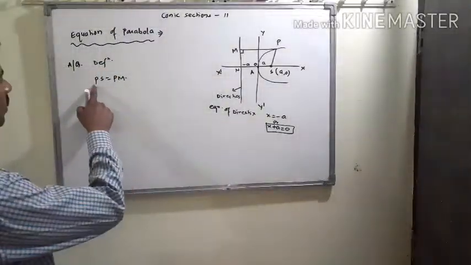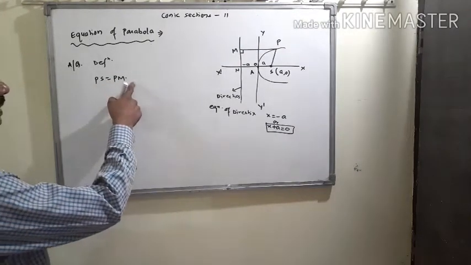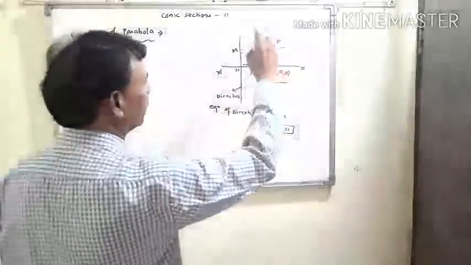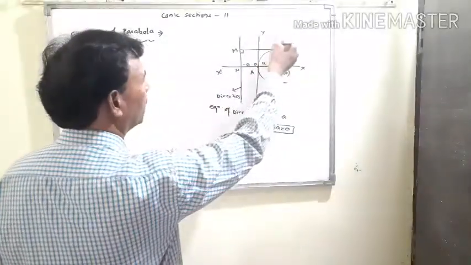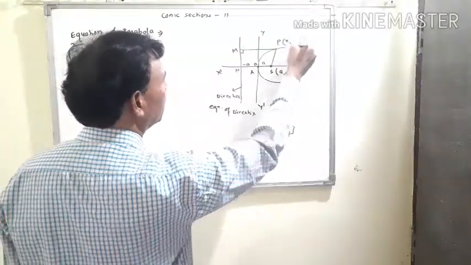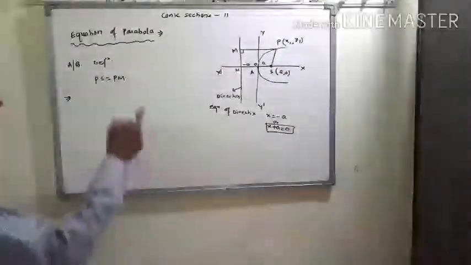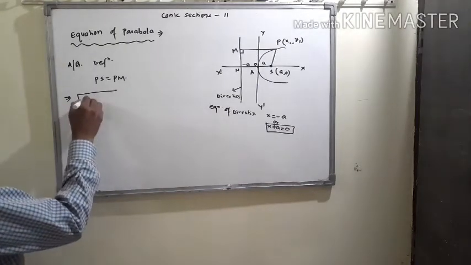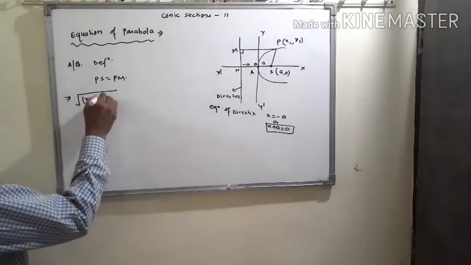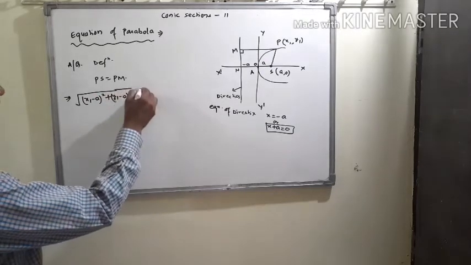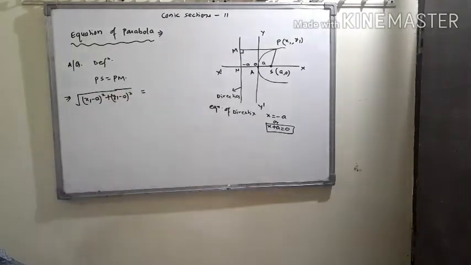Now, according to the definition, PS equals PM, where PS is the distance between P and S. Suppose the coordinate of P is (x1, y1). Then the distance between P and S will be root under (x1 minus a) whole square plus (y1 minus 0) whole square, equal to PM.